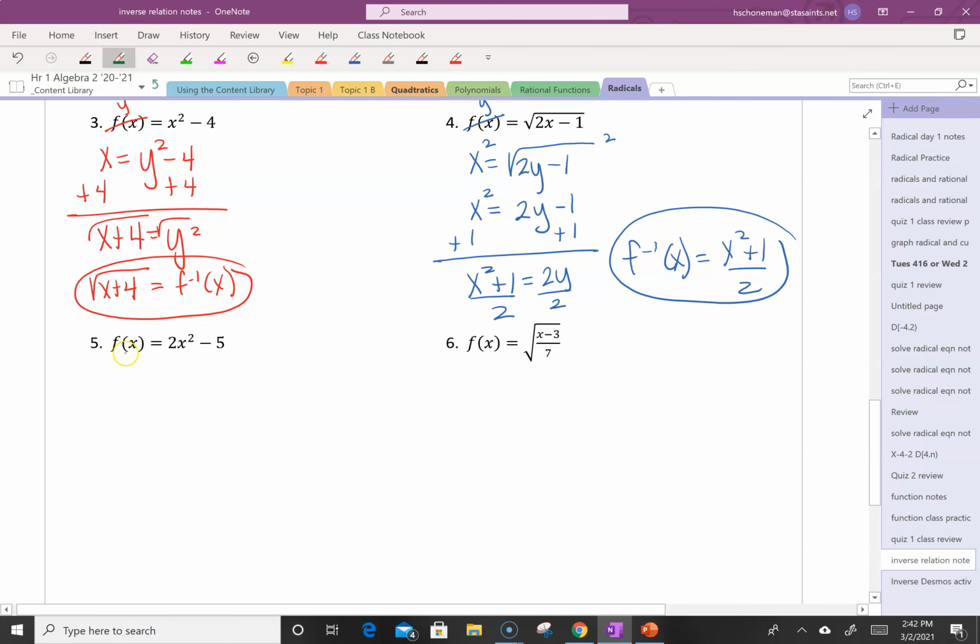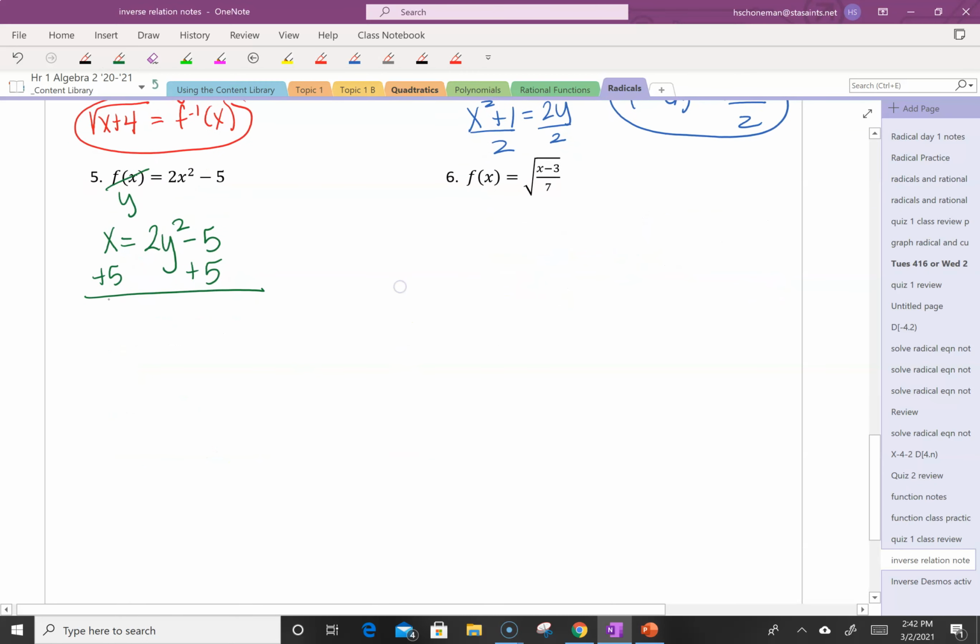Okay, here we go again. Number 5, switch the x and the y, so we have x equals 2y squared minus 5. First step, add 5 to both sides. So I get x plus 5 equals 2y squared. I may recognize you need to take the square root, but we can't do that until the y is by itself. So I'm going to divide by 2 first.